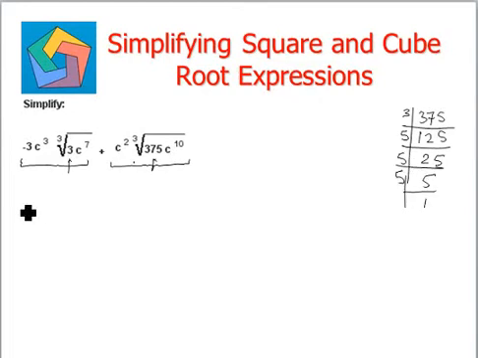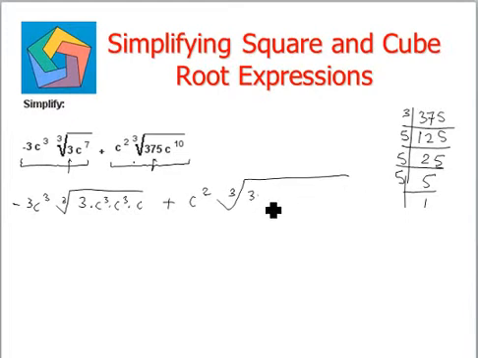So negative 3c³ cube root of 3c to the power of 7 can be written as c cubed times c cubed times c, plus c² cube root of 375, which is 3 times 5 times 5 times 5. c to the power of 10 can be written as c cubed times c cubed times c cubed times c.